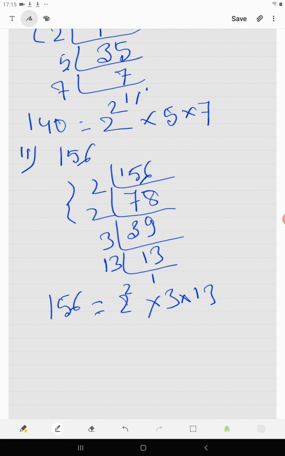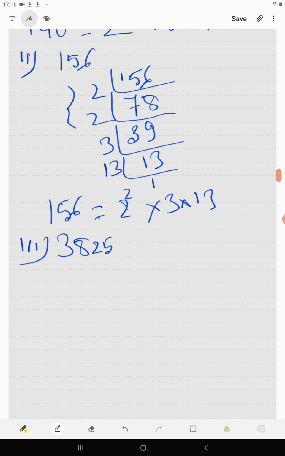Next, the third is 3825. So let's do the LCM again.